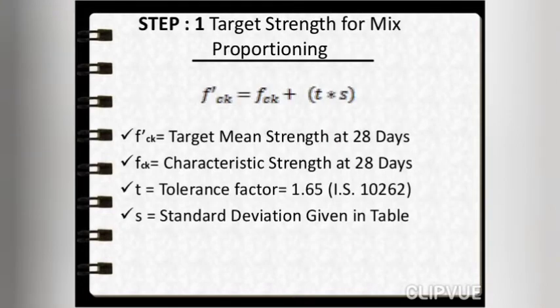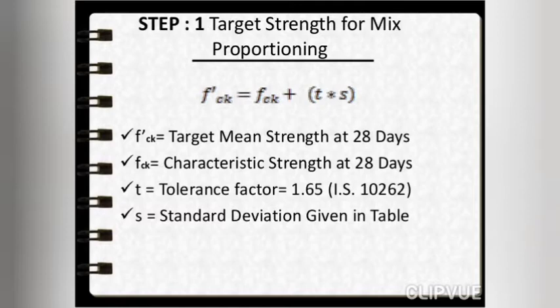First step, to find out the target strength for mix proportioning. F dash CK represents target mean strength at 28 days. FCK represents characteristic strength at 28 days. T is equal to tolerance factor, equal to 1.65 according to IS code 10262/2009.